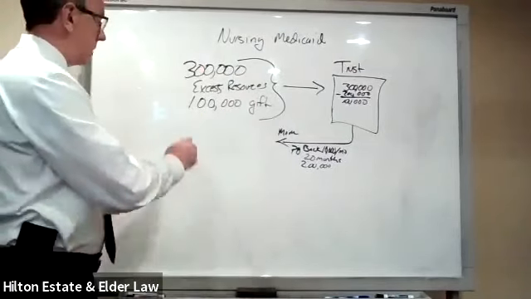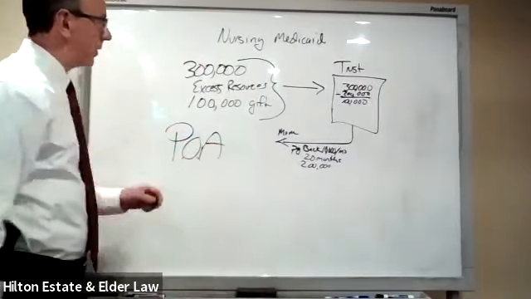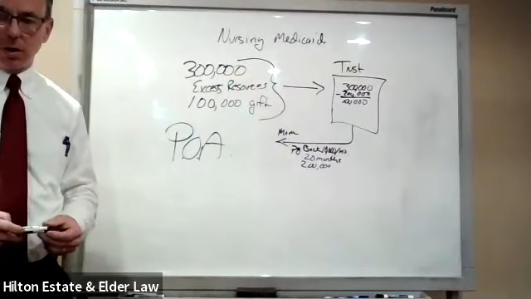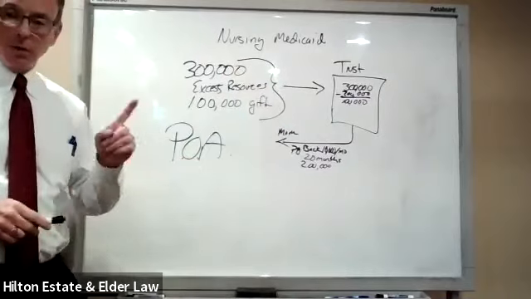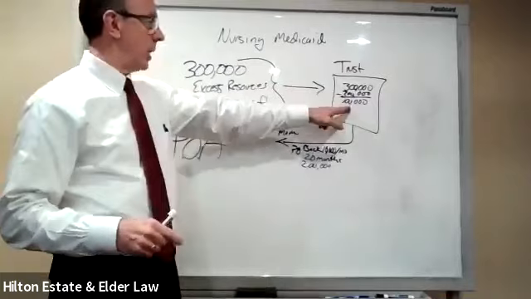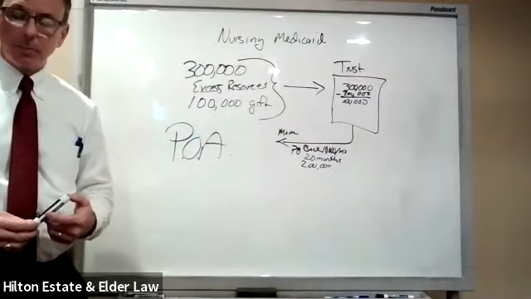How can you do this? This goes back to the beginning of this. You need a power of attorney to do all of this. You can't do this without a power of attorney. You can't just do this because you want to. You have to have the power of attorney with the gift rider that we talked about to make this happen, to create the gifts, to create the trust, to do the payback, to do all of that. It has to happen that way.